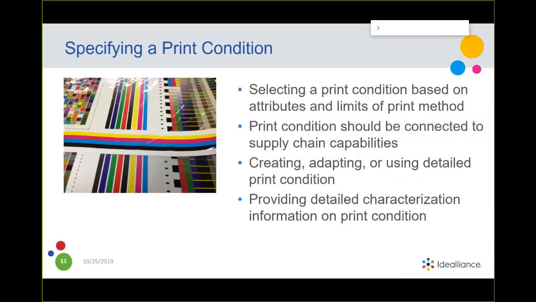If we look at that first thing that I talk about there, that first piece is about specifying a print condition. The main idea there is we're trying to figure out, with the type of printing that we're doing, the type of suppliers we're using, and the substrates that we're working with, what are the capabilities? What can be done with that print condition?